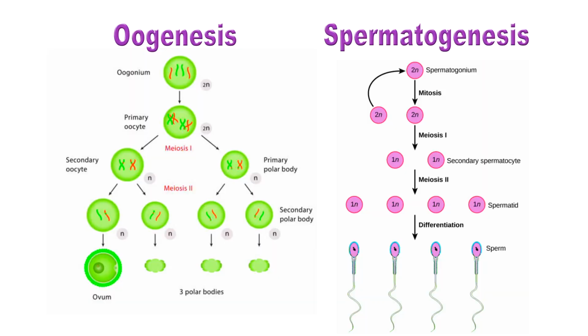Next, we can see much more detail about these two processes. Spermatogenesis and oogenesis are reproductive phases that include the following: multiplication, growth, maturation, and differentiation. The spermatogonium and oogonium multiply by mitosis to form spermatocytes and oocytes.